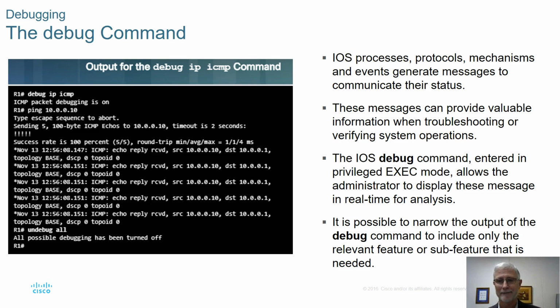But be careful: if I just turn debug totally on and tell it to show me everything that's going on in the system, it can definitely inundate you with messages on your screen that you don't want to see. To turn it off, the quickest way is undebug all. Usually before I start a debug, I'll have that command already typed in, ready to go, so I can turn it off when I need to.